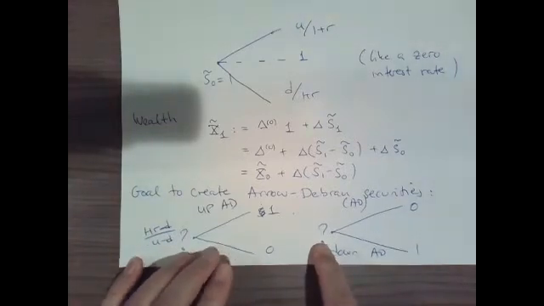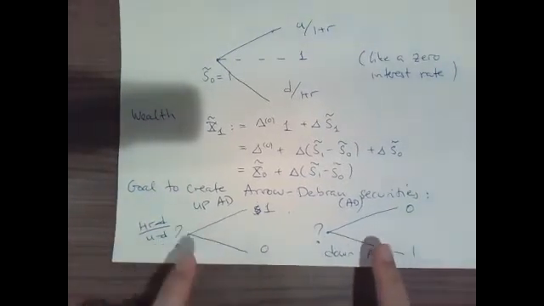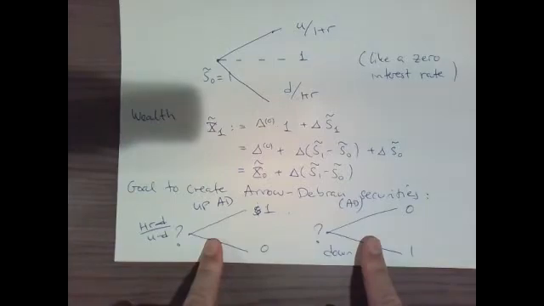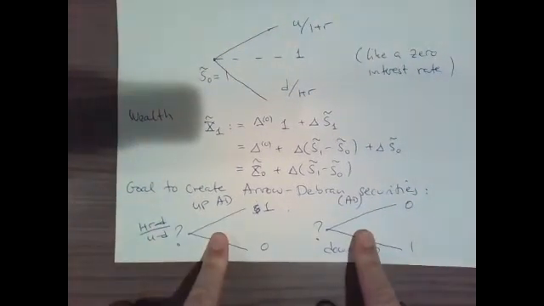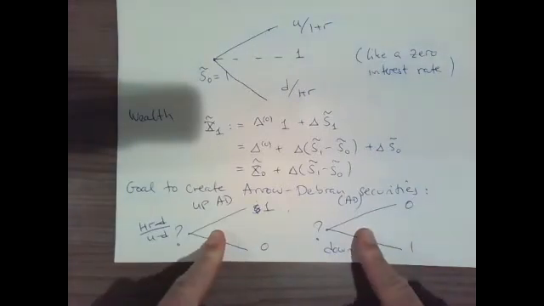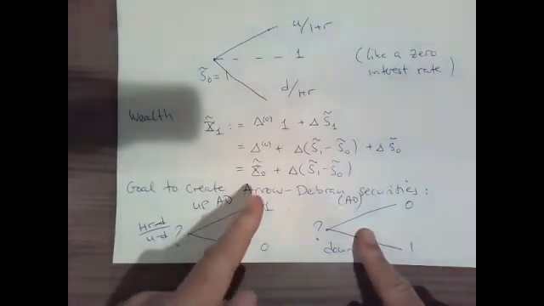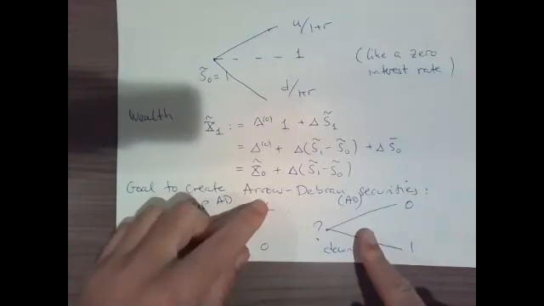Well, if I take a portfolio of these two, so I buy one of this and I buy one of this, the portfolio of these two would then have a payoff that would always be 1. Right?